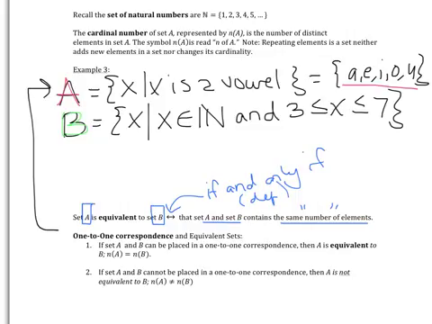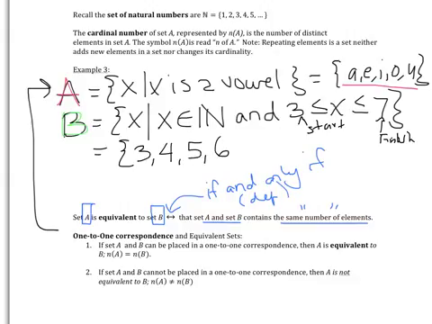So if we write out the natural numbers, here is the start and here is the finish, we have 3, 4, 5, 6, and 7. I don't go up to 8 because it stops at 7. And so that's what my green looks like.